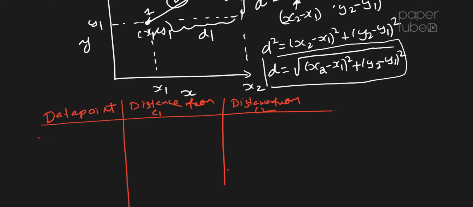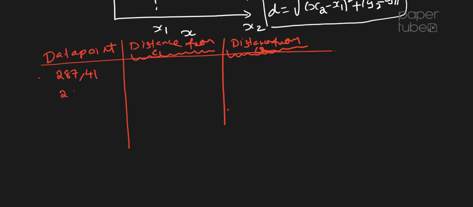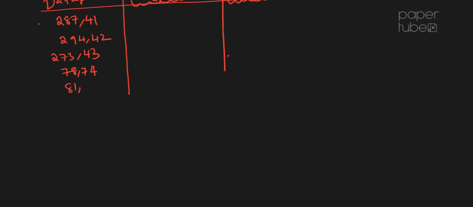So this column is the distance between each data point and cluster center 1, and the third column is the distance between cluster center 2 and each data point in the xy plane. So the data points are here: 287, 41, 294, 42, 273, 43, 78, 74, 81, 74, 87, 80.